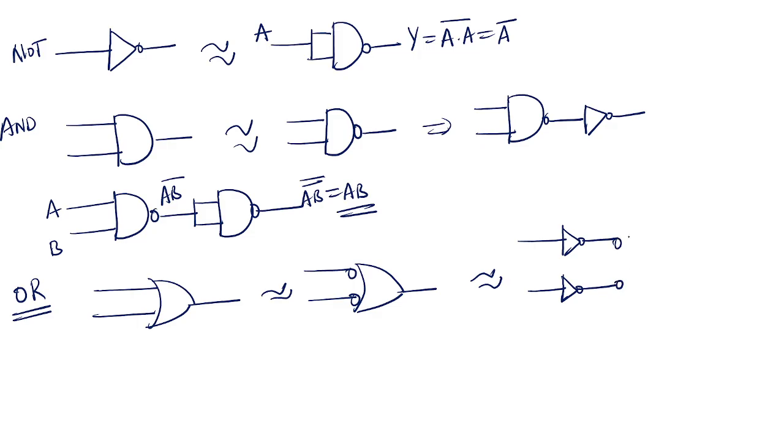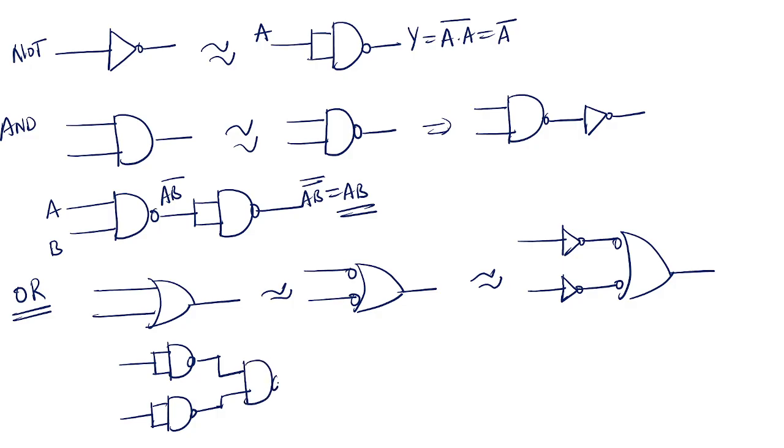And again, replace this with all NAND gates. So this is one NAND gate. This is one more NAND gate. And this input is given to a bubbled OR, equal to what?